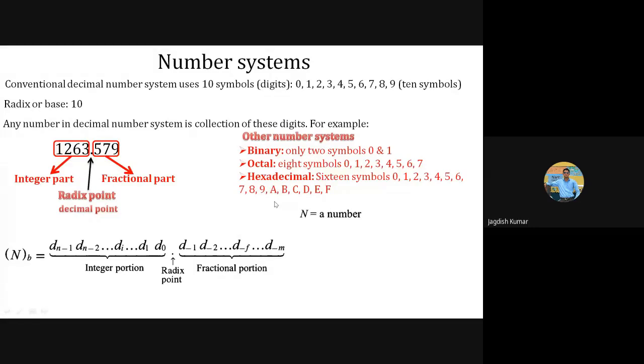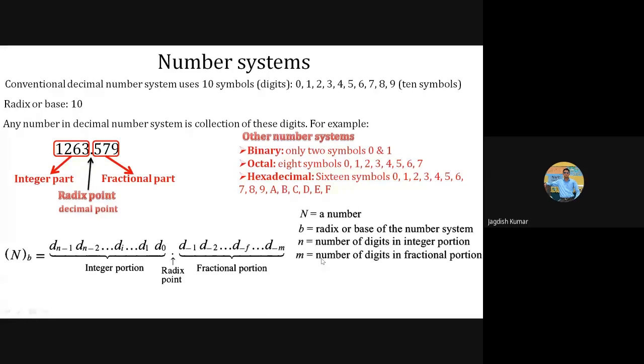Now, we have an integer part. B represents the base of the number system, as I already told. N here represents the number of digits in the integer part, numbered 0, 1, 2, 3, and so on up to n minus 1. So total n digits are there.